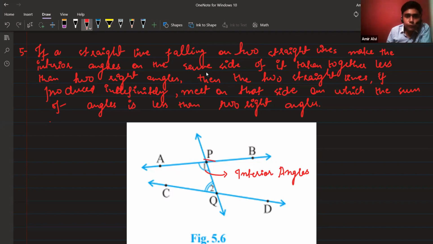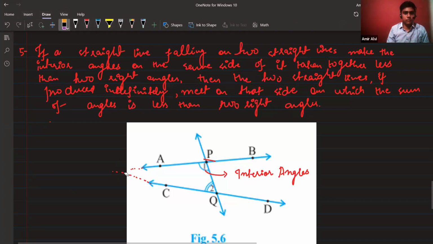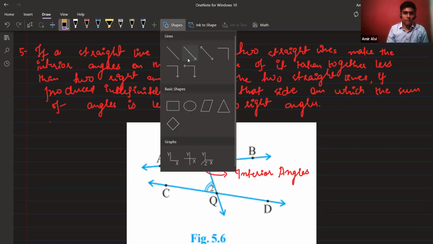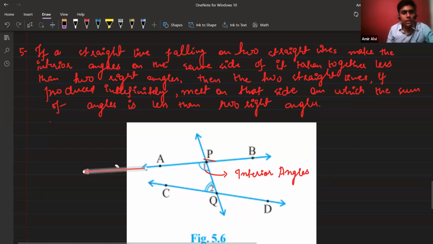So if we take these two angles, their sum will be less than, just a second, let me draw this. Suppose I'm extending a line simply.